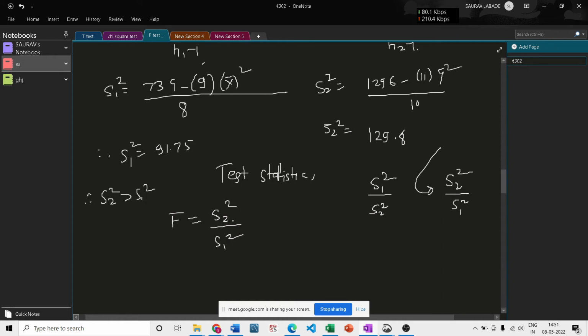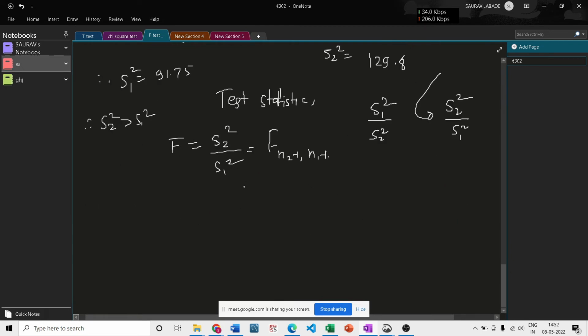And your degrees of freedom is also changing, right? So it is F with n2 minus 1 and n1 minus 1. So here your F statistic is what? It is F n2 minus 1, n1 minus 1, equal to 129.8 divided by 91.75.